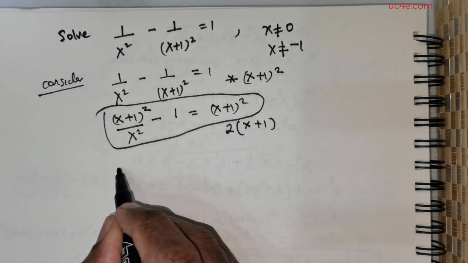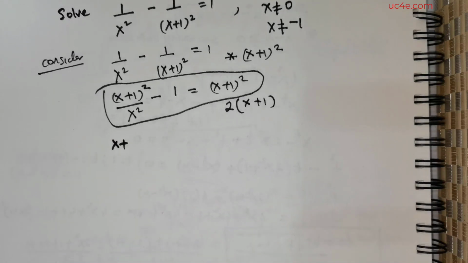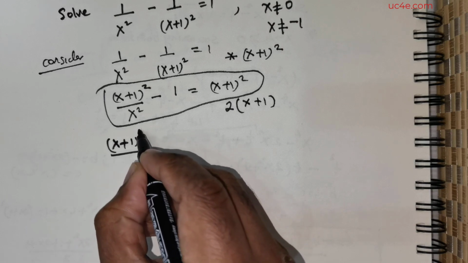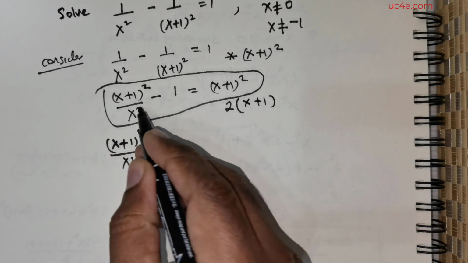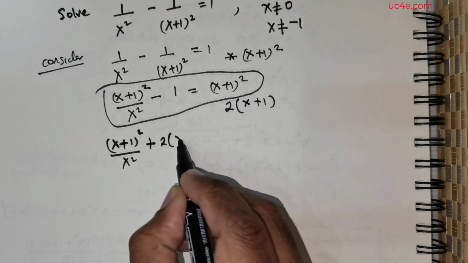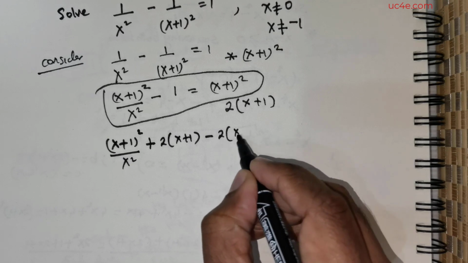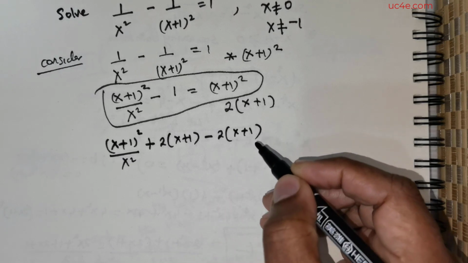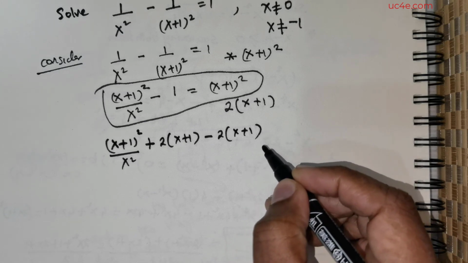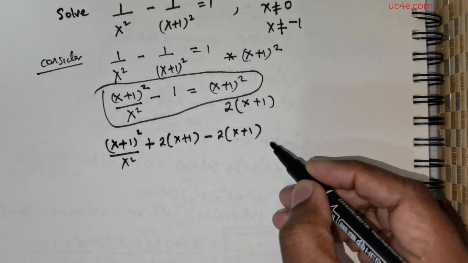Let me just start off by adding (x+1) raised to the power of 2. This is the system that we have got. I'm going to add 2 times (x+1) and I'm going to remove 2 times (x+1), so I'm not actually doing anything to the system. I'm just trying some ways of manipulation so that we will be able to solve the system.